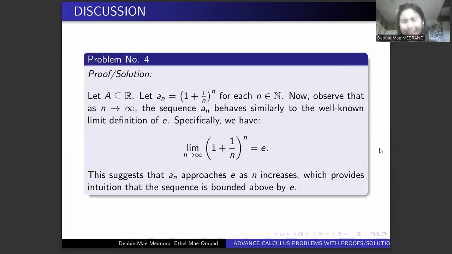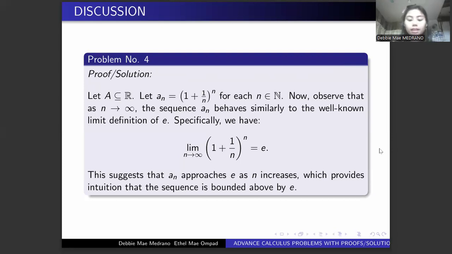Let A be a subset of R. Let a sub n be equal to 1 plus 1 over n to the power of n, for each n an element of the natural numbers. Now observe that as n approaches infinity, the sequence a sub n behaves similarly to the well-known limit definition of e, which is the limit of 1 plus 1 over n to the power of n as n approaches infinity, equal to e.